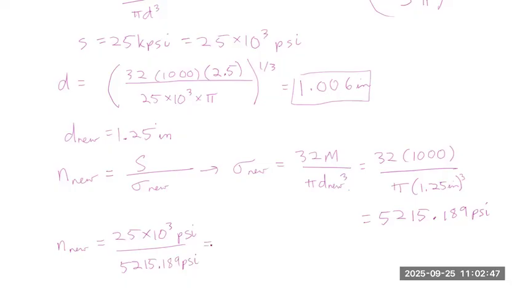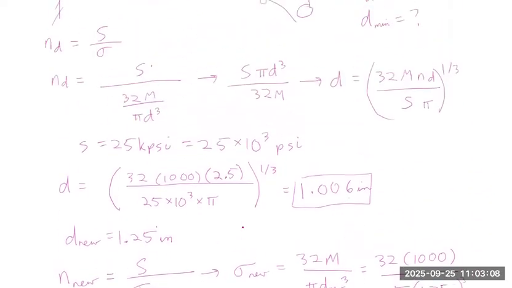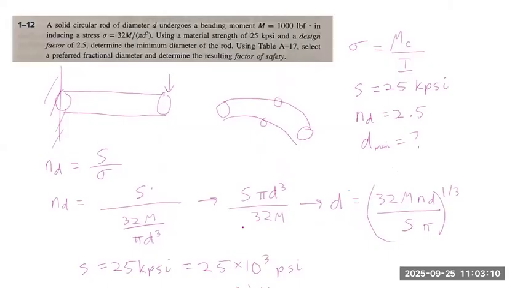And this is equal to 4.79 as our factor of safety n new. So this concludes this problem. I hope this problem was helpful.